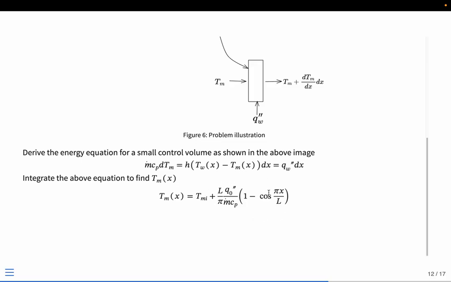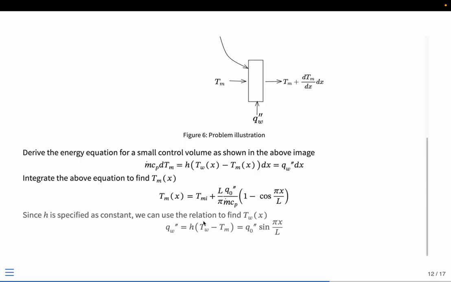Because it is sine, if you integrate between 0 and whatever that particular length is, you have 1 minus this particular term that will be coming. And the next question is, once I have this, I can use the other part of the equation and solve for Tw of x.